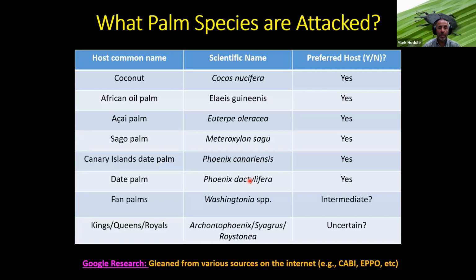And once they're into those date plantations, they'll establish and start causing economic losses. So I suspect that there is a preference for certain types of Phoenix palms. Canariensis is high up on that preference list, but they will go to dactylifera or the edible date palm when their most preferred species are either rare or no longer available for attack because they've basically been all killed.